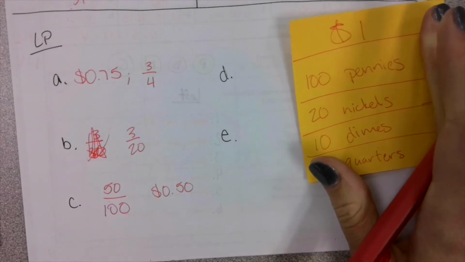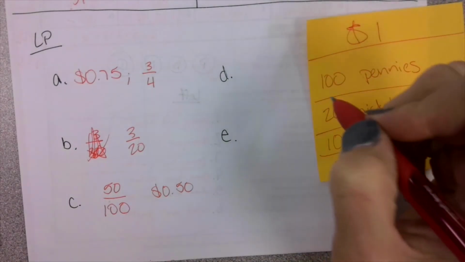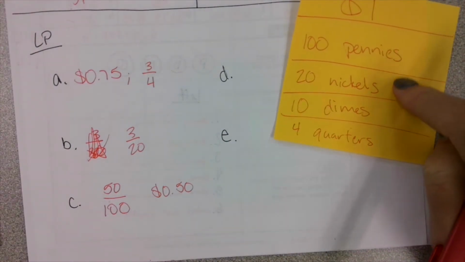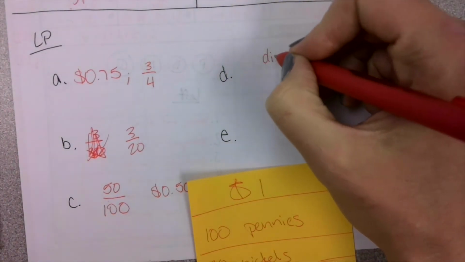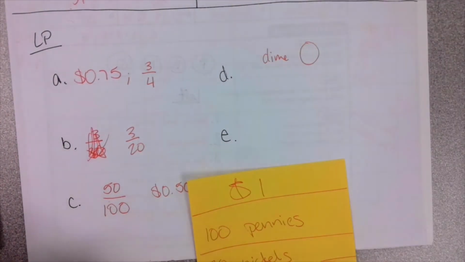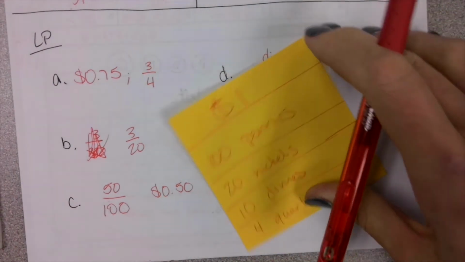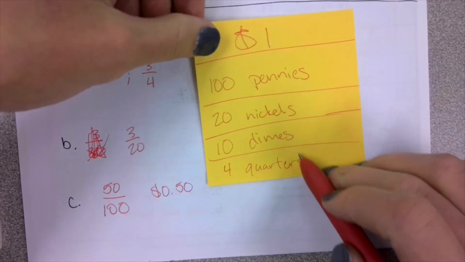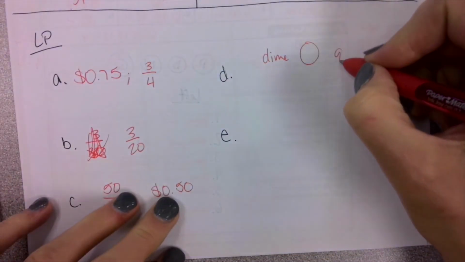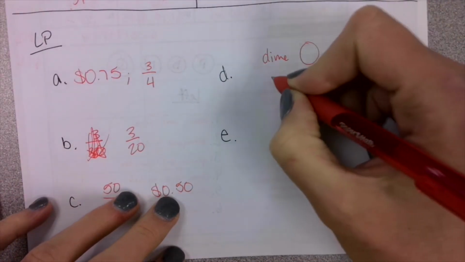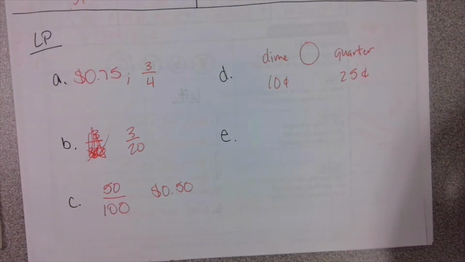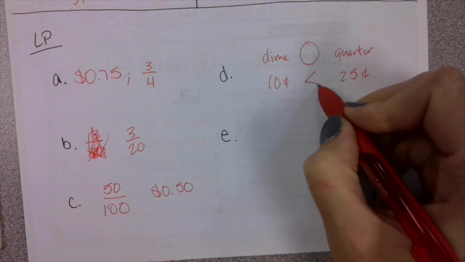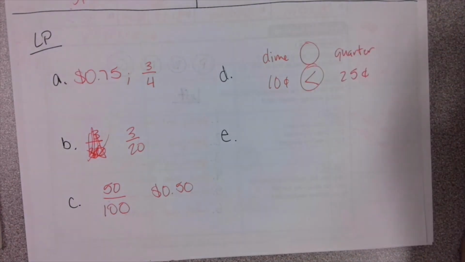D, compare 1/10 of a dollar or 1/4 of a dollar. Well, which one has 10 in a dollar? Ooh, dime. So 1/10 of a dollar is a dime. 1/4 of a dollar, which one has 4 in a dollar? Oh, a quarter. So dime's 10 cents, quarter's 25 cents. 10 cents is less than 25 cents, so you get less than.